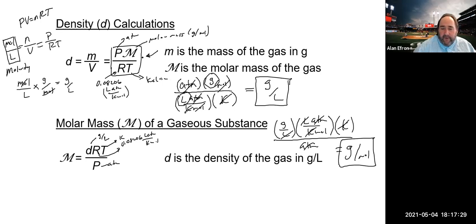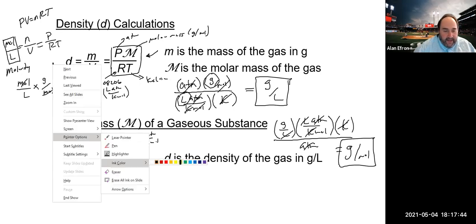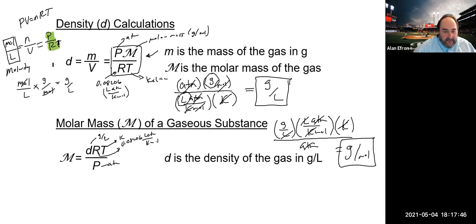So if you ever can't remember this formula, you could always use the ideal gas law to figure it out. Just to show you where it all came from, rearranging the ideal gas law for n over V is this part of the formula right here. And this last part, where we multiply by the molar mass, is that part right there.